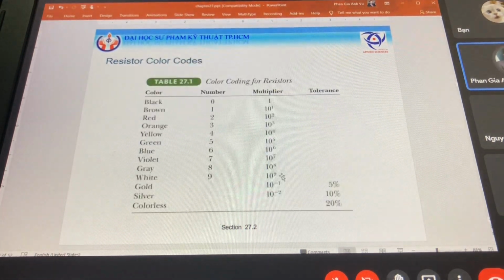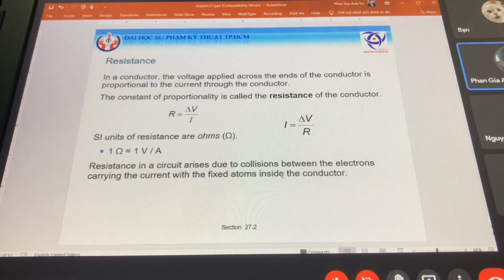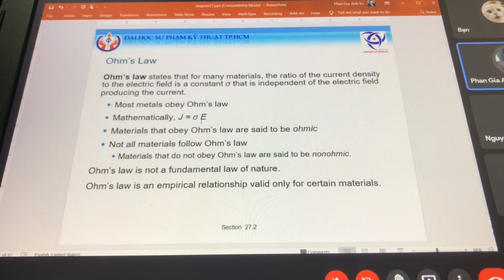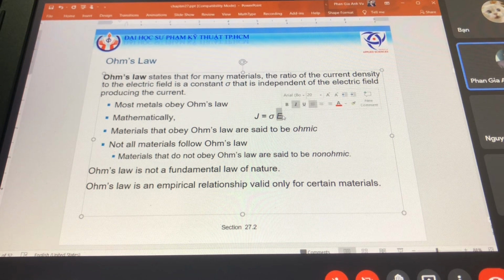Then if we use terms of resistivity, we can rewrite Ohm's law like this one. J is sigma E, where E is the electric field inside the conductor, and J the current density vector.